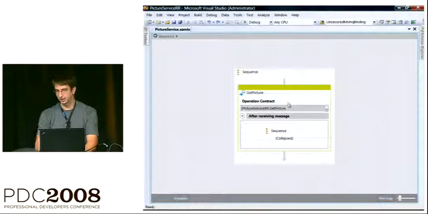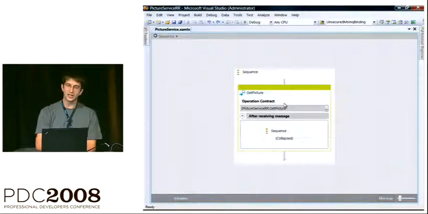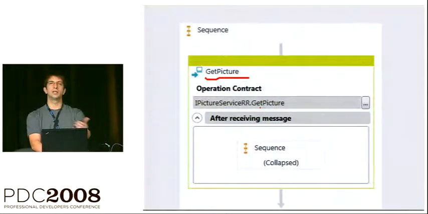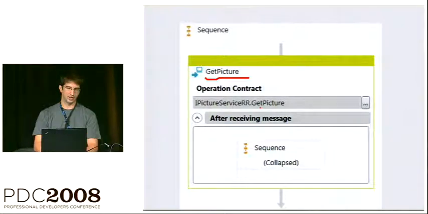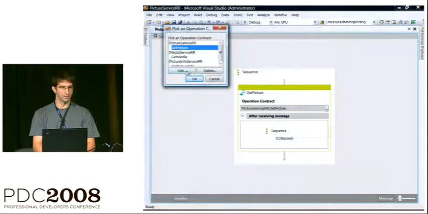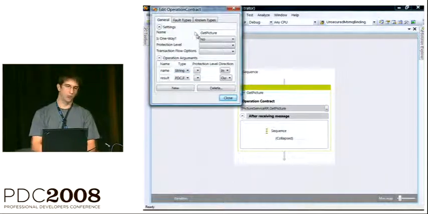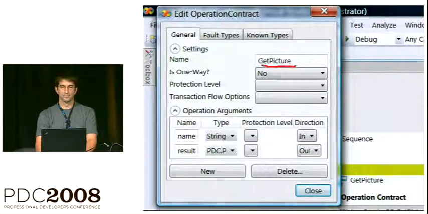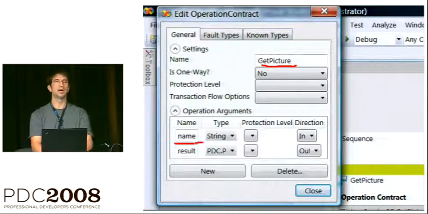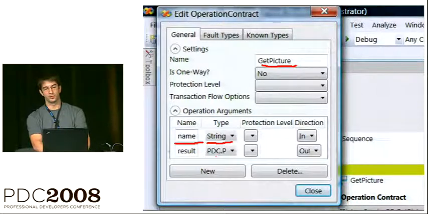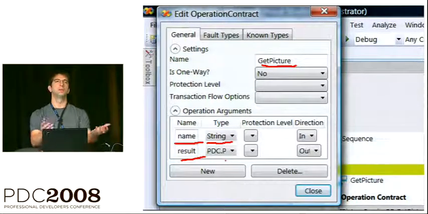Let's look at how this particular service was built. What you see here is a service operation activity. I've named it getPicture. It's using the contract for getPicture that I've defined with the contract builder tool. If we look at the contract for getPicture, you can see that it takes a name of type string, and it's going to have a result of type PDC picture.